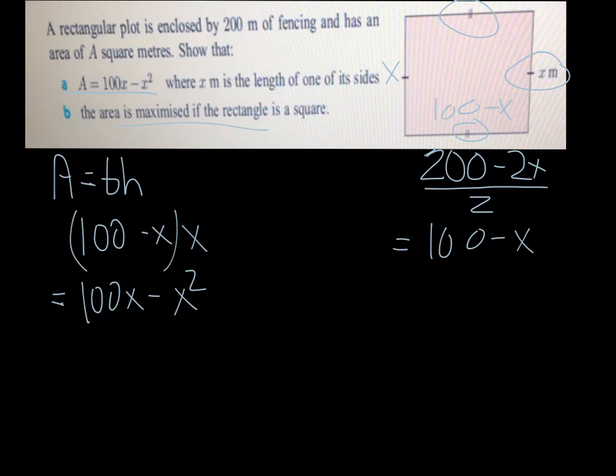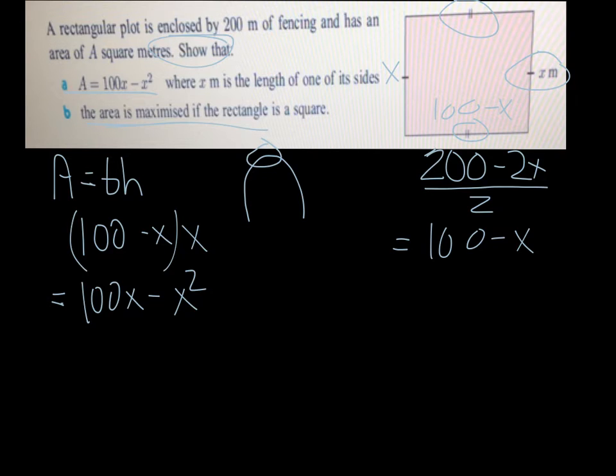Alright, next. The area is maximized if the rectangle is a square. So we're trying to show that. It might sound like a confusing question, but why don't we try and find the maximum area and see if it's a square. Again, we have a parabola, so the maximum is, of course, our vertex.